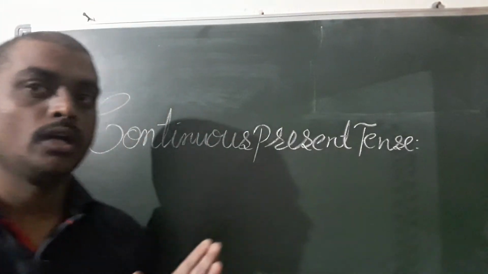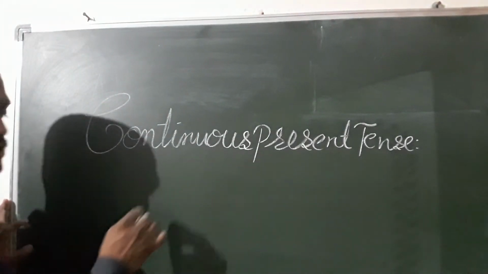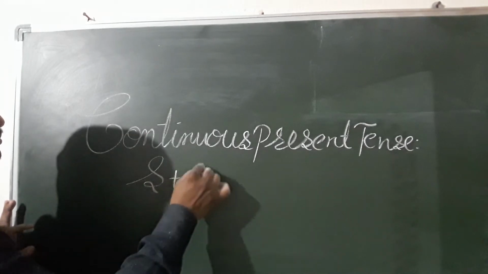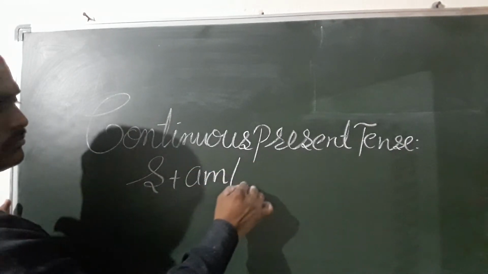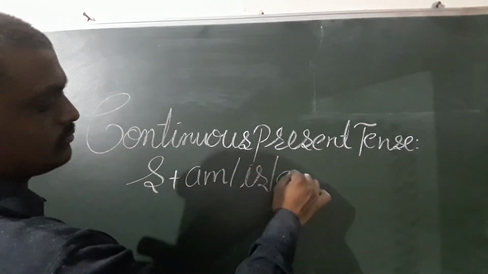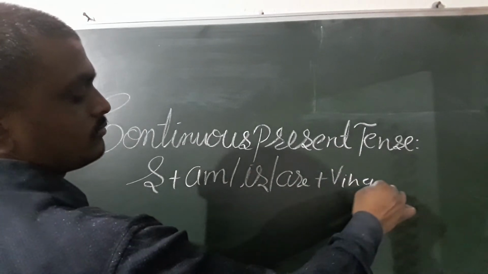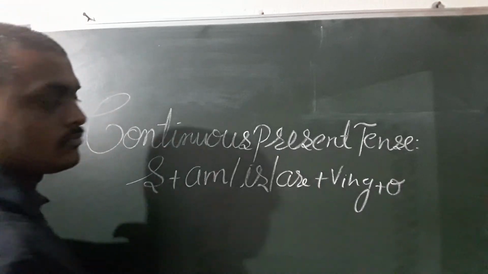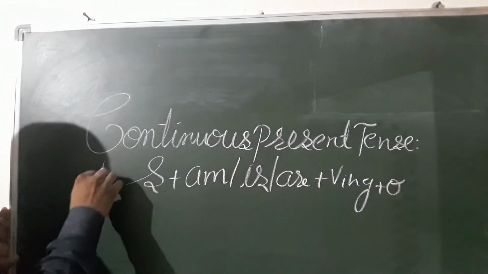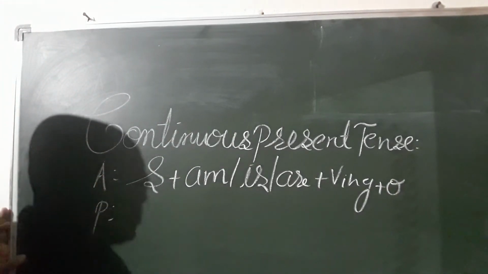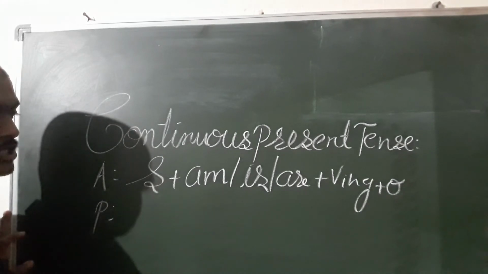First we should know what the continuous present tense structure is. Subject plus... this is the active voice structure. We should know the passive structure also.